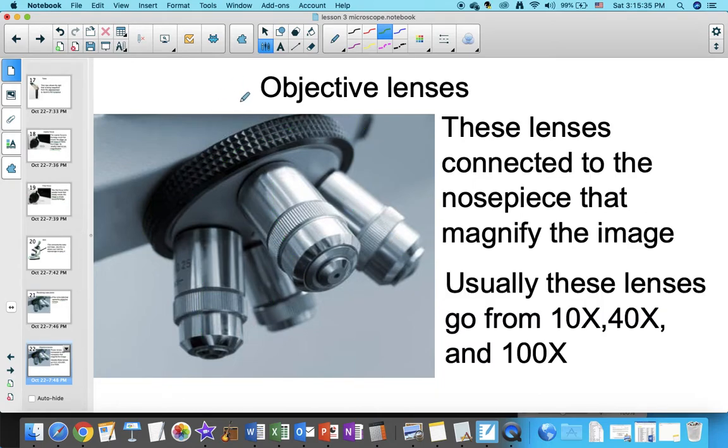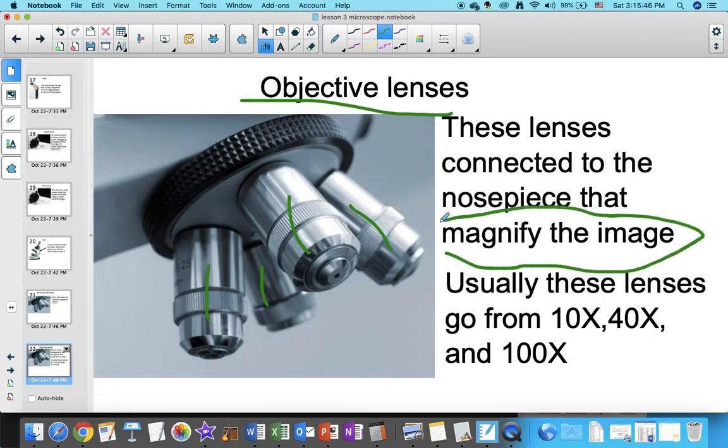These lenses are attached to the revolving nose piece, and they are used to magnify the image. The lenses typically go from 10 times, 40 times, and 100 times. The lowest one typically magnifies the object by 10, the second lowest by 40, and the third by 100, and sometimes you'll have an extra one by maybe even 500 to 1,000.